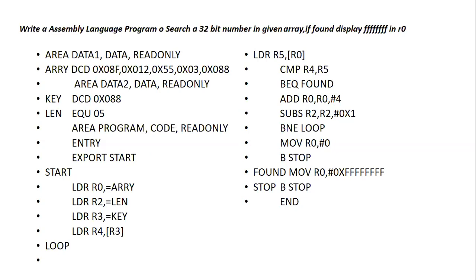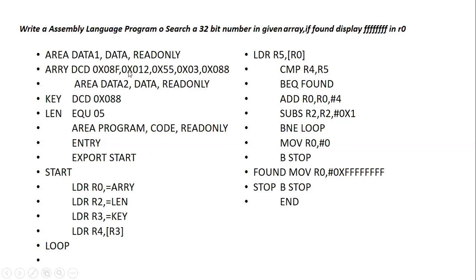Within that, we are going to define our data. The starting address of that array, we are referring to as ARR. This is optional. If you want to make use of this, you can; otherwise, by default we can make use of the name of the data segment.